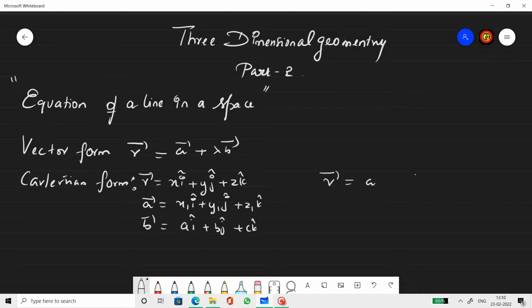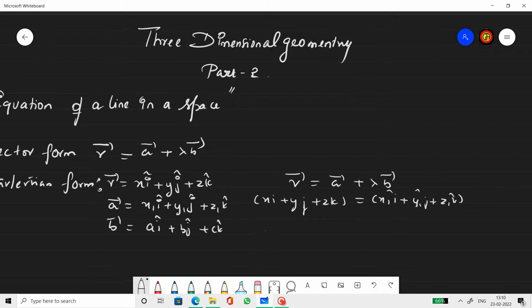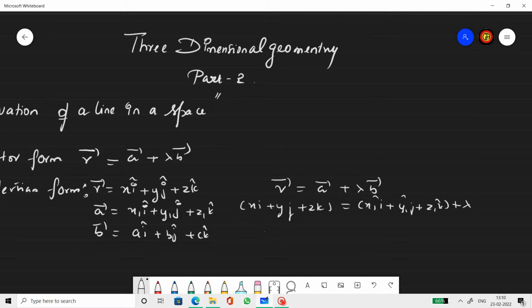R vector equals A vector plus lambda times B vector. R vector is xi, yj, zk. A vector is x1 i, y1 j and z1 k, plus lambda times B vector, which is ai, bj plus ck.